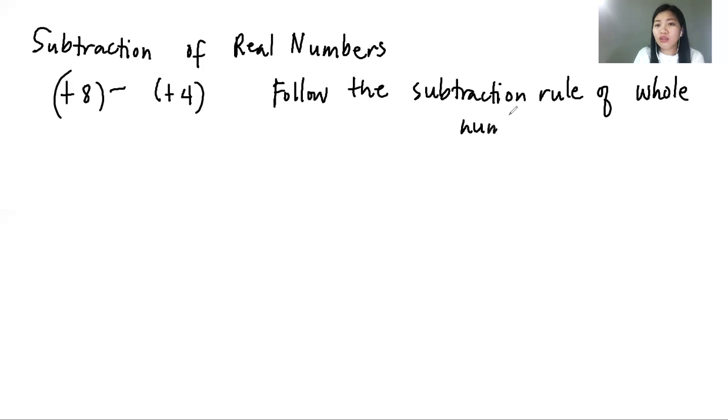What is that rule for the whole numbers? You will subtract them directly. They are both positive, so you will do 8 minus 4. Of course, the answer for this one is positive 4. But if we are going to subtract anything with a negative integer, we will follow a certain rule.